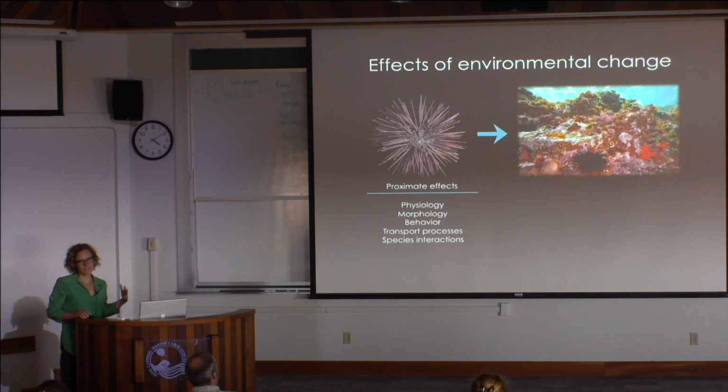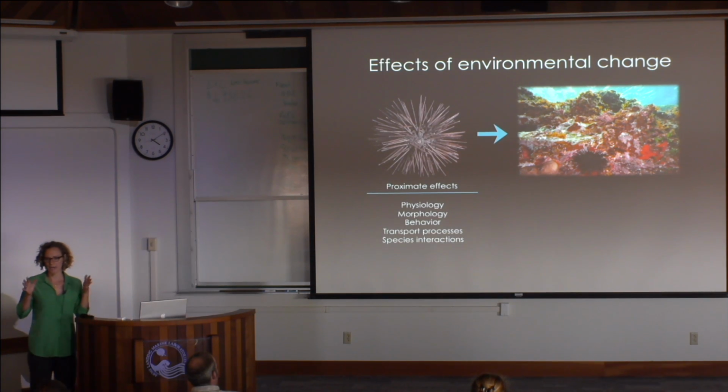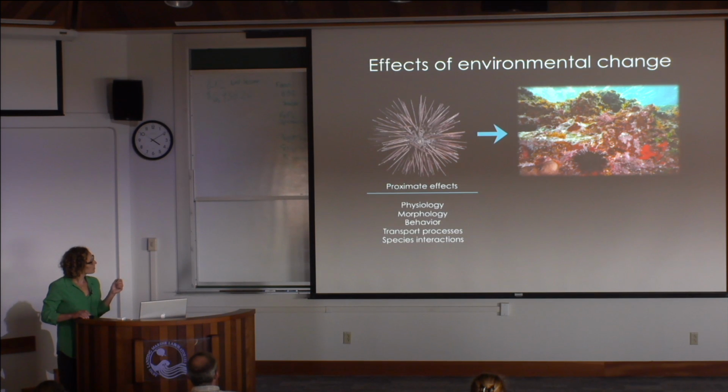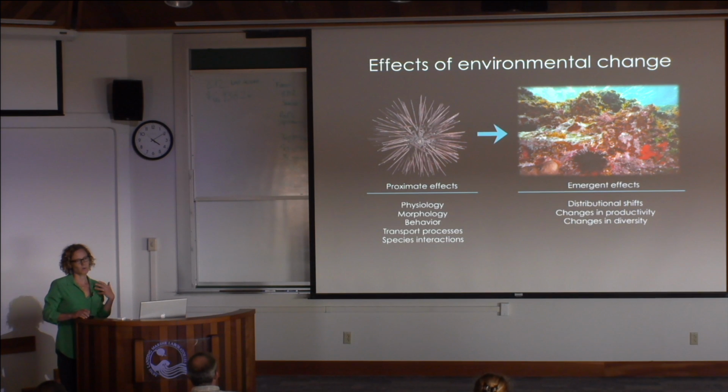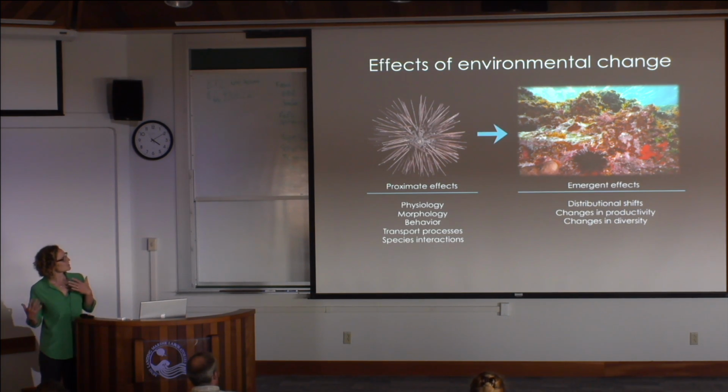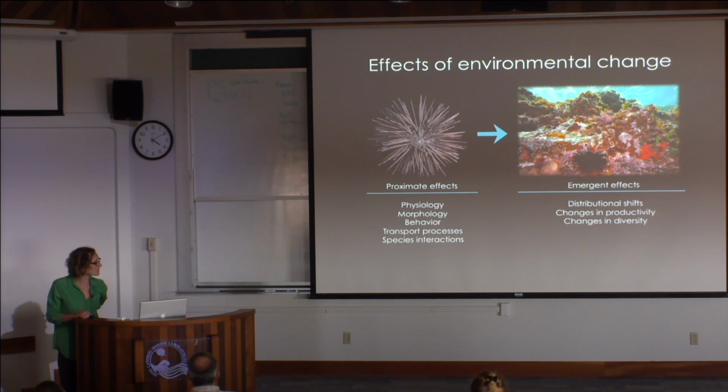And you can break down environmental change into kind of two broad categories, the proximate effects, and these are what we typically have a better handle on. So these are changes in physiology or morphology or behavior of organisms. But the accumulation of these effects is what we term these emergent effects. So these are changes in distribution or productivity and biodiversity. It's a little bit harder to get at.